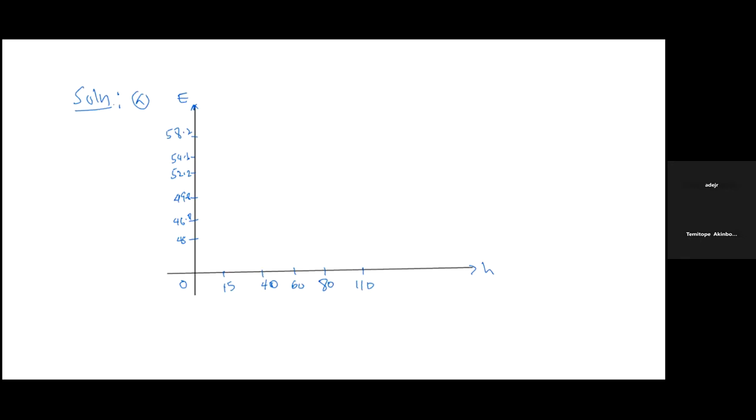Is that clear? When the kilowatt hour is 15, the cost of energy is 46.8. So we are going to have that here. Then when it is 40, the cost of energy is 49.8. So we're going to have that here.